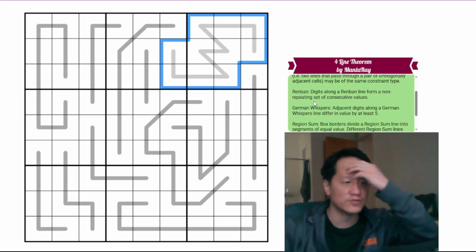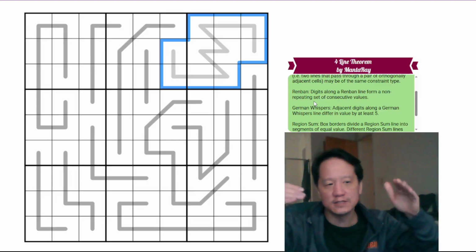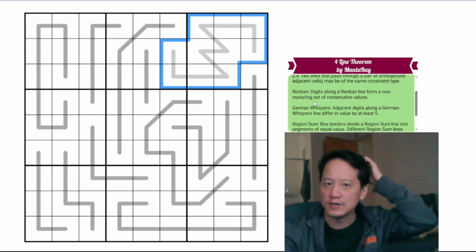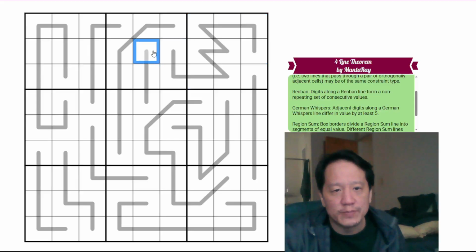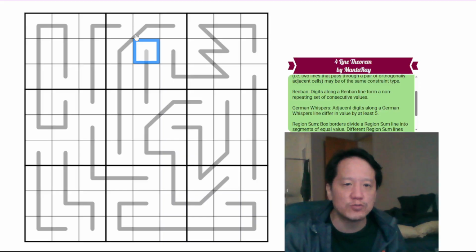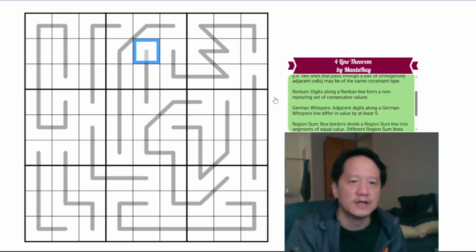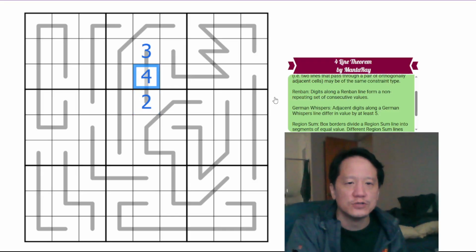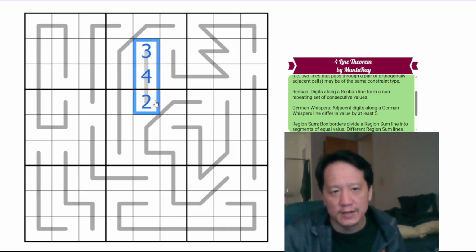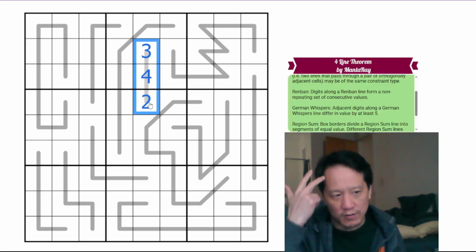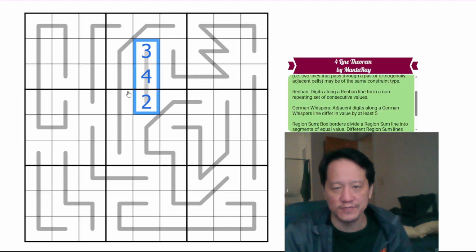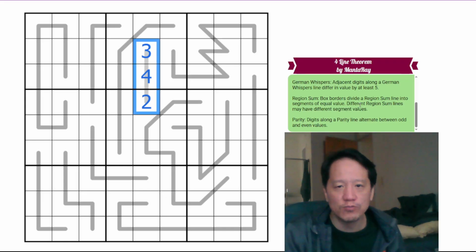In this case, the digits are the values of the cell. So, for example, if this were a Renban, this could be something like 3, 4, and 2. And this would be a valid Renban, because they form a set of non-repeating consecutive values. 2, 3, and 4 are non-repeating and they're consecutive. So that's an example of how Renban works.